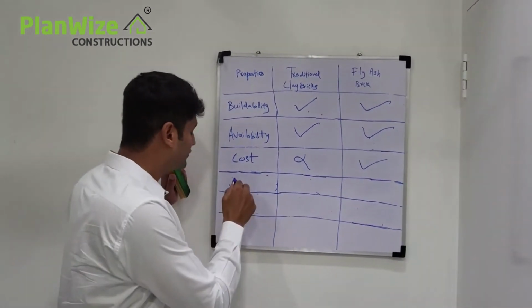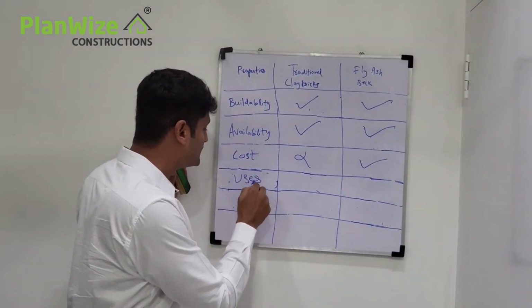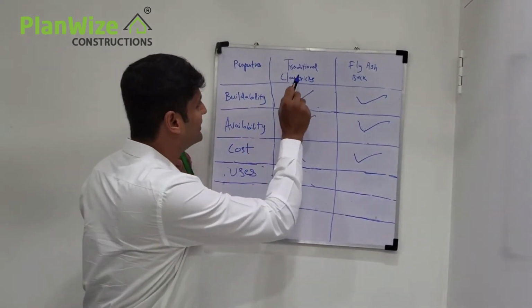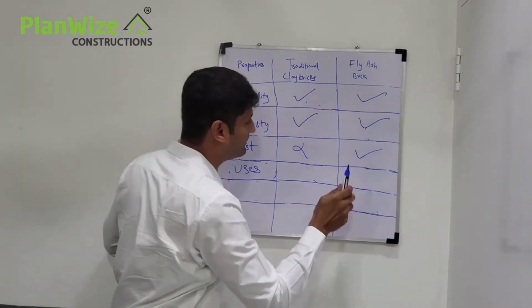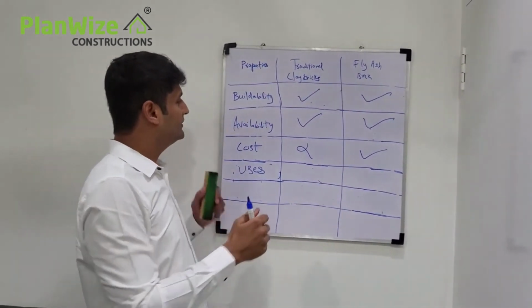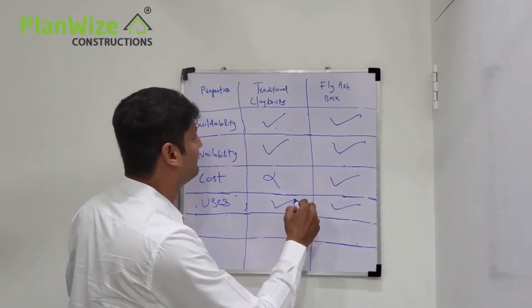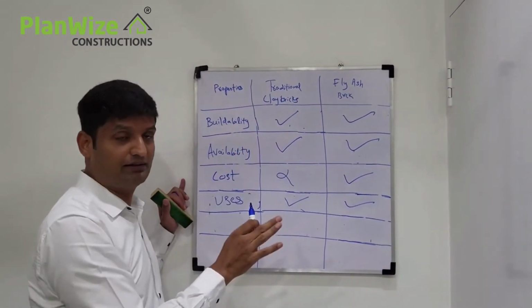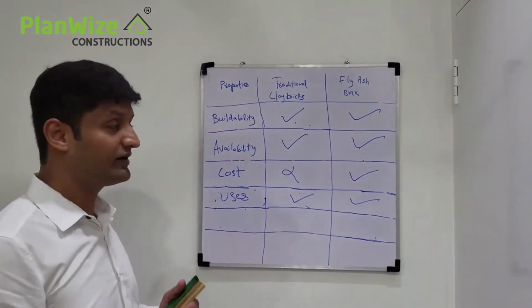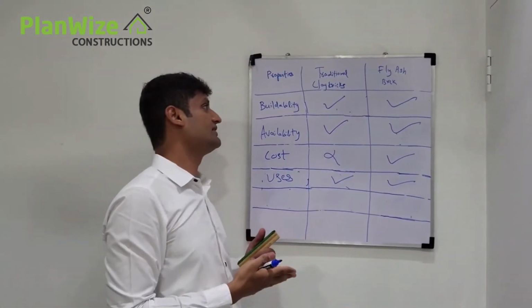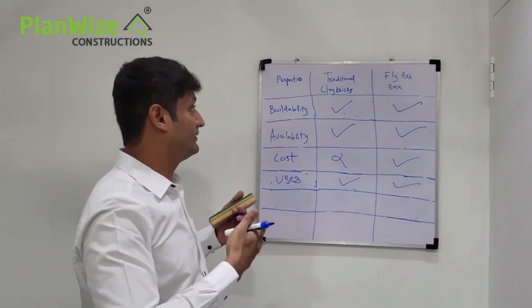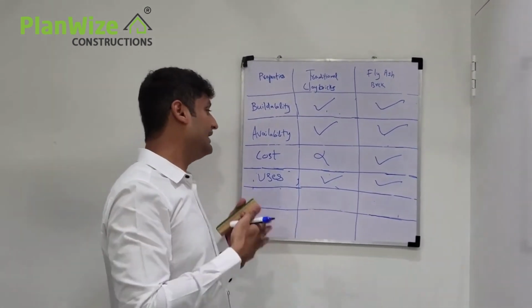Now again the uses. So where can a traditional clay brick be used and where can a fly ash brick be used? See, fly ash brick can be used in all places where we use a traditional clay brick. It can be used for high-rise buildings, for residences, for commercial, for industries, for drainage, for ramps, anywhere.